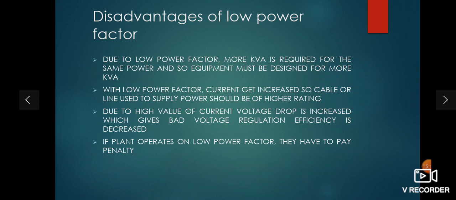With low power factor, the current increases, so you need a larger size of cable, and if you employ a larger cable, then the cost increases. So overall cost is also increased. Due to the high value of current, the voltage drop increases, which gives bad voltage regulation, and efficiency also decreases. And if a plant is operated at a low power factor, then they have to pay a penalty against the low power factor.